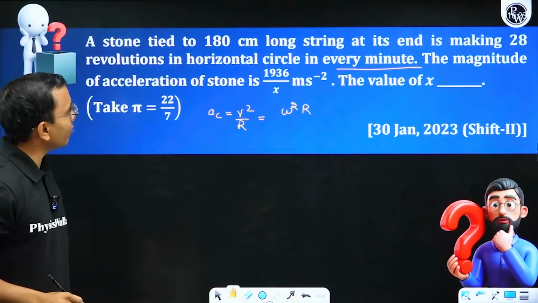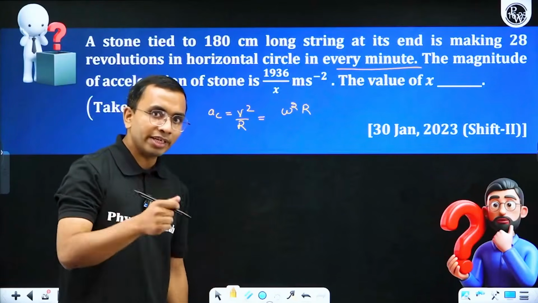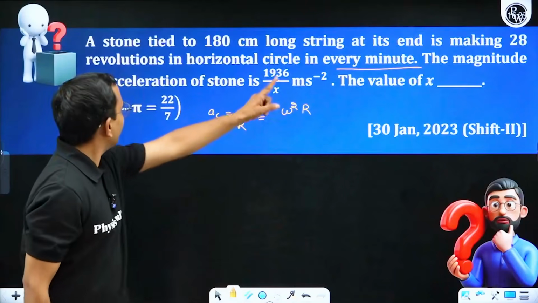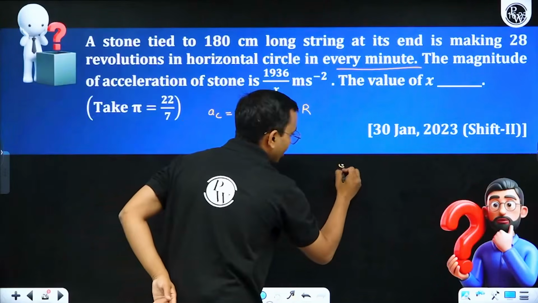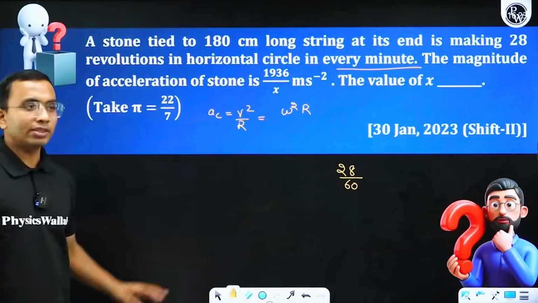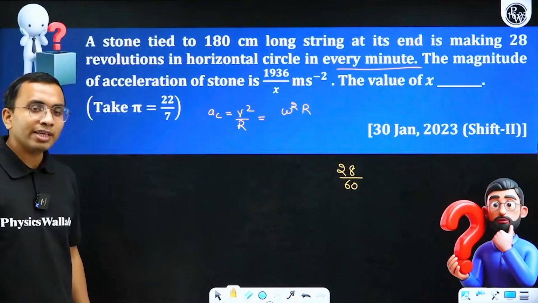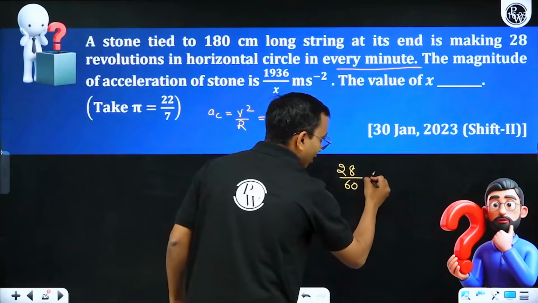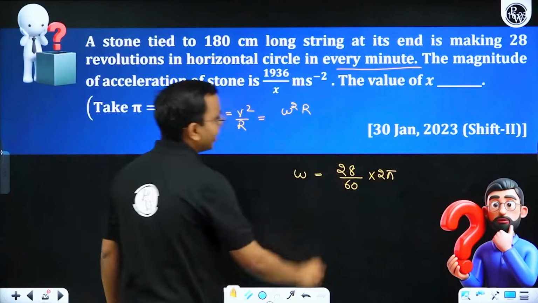How can we get omega from here? Omega is radian per second. How many radians per second is it covering? 28 revolutions per minute. How many revolutions per second? 28 by 60. How many radians per second? Multiply by 2 pi. So this becomes my omega in radian per second.